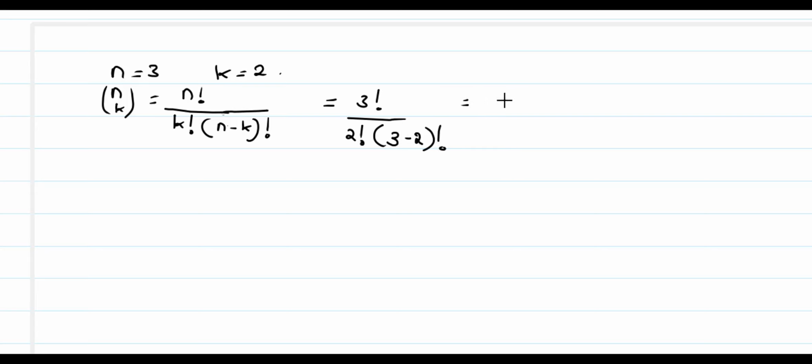Which now becomes 3 factorial divided by 2 factorial times 3 minus 2 is 1, so 1 factorial.